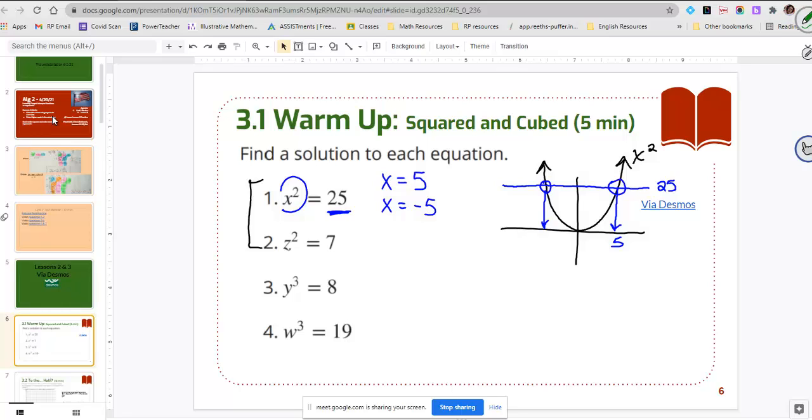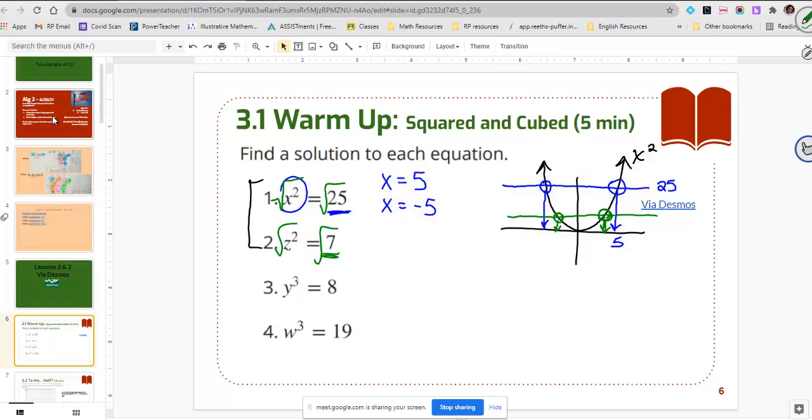In the same way, if we had something that was going to equal 7, it has 2 possible answers. I see one here and one there. Now, the square root of 7, I can't do evenly. So you might have been thinking, we can do the square root of 25, and that would equal 5 or negative 5. Square root of 7, I can't do evenly.